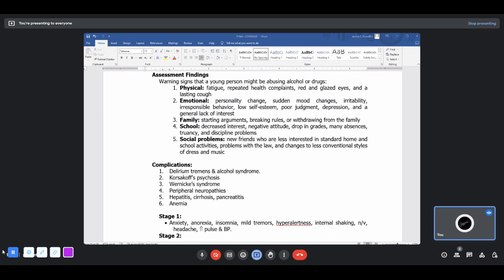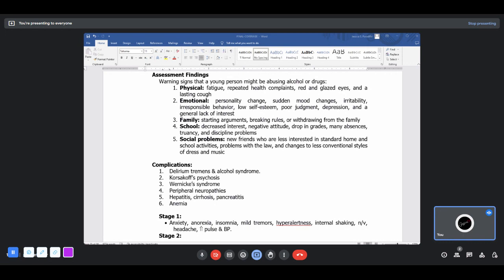Okay, for the family naman, starting arguments, there will also be breaking rules in the family and withdrawing from the family. They keep away from their family members. And also in school, there is decreased interest in school, negative attitude toward others, drop in grades, they get dropped because of many absences, and truancy, which is absenteeism, and also discipline problems.